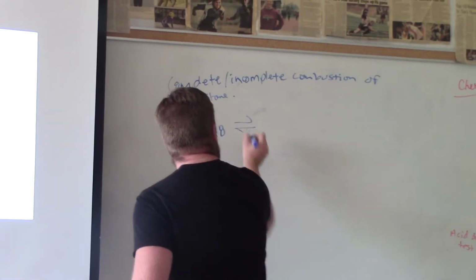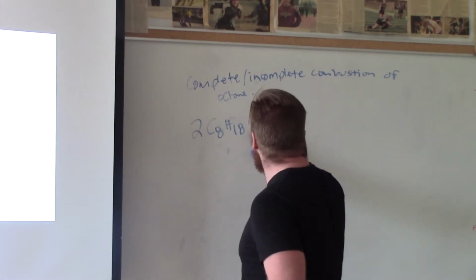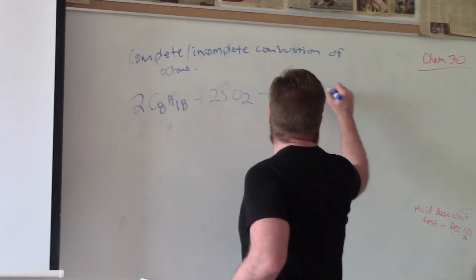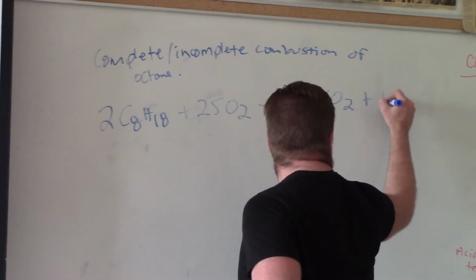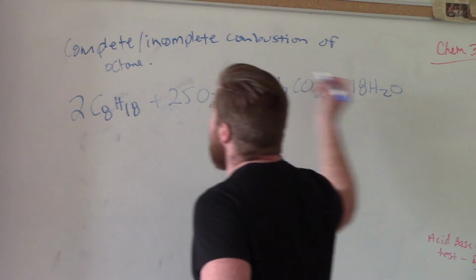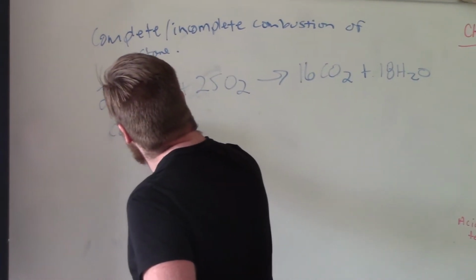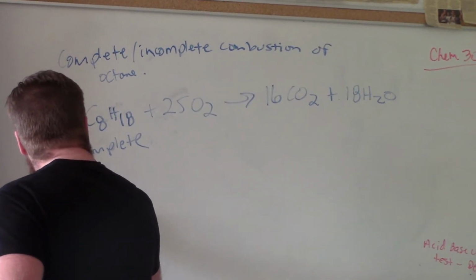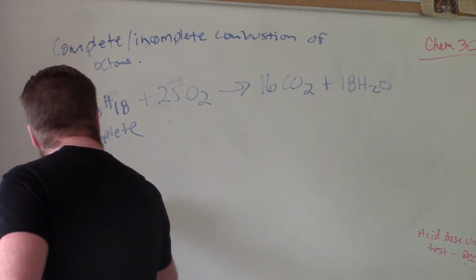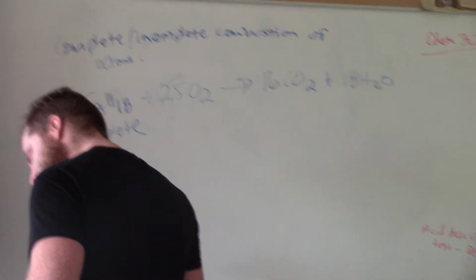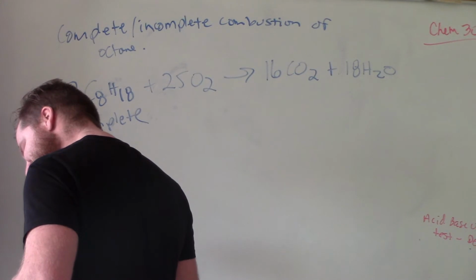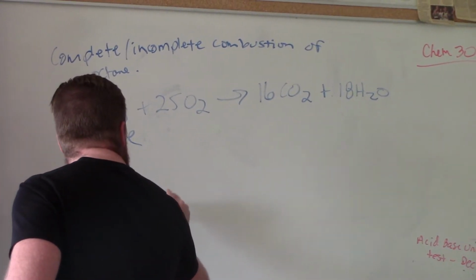So we have 2C8H18 plus 25O2, and that makes 16CO2 plus 18H2O. That's complete combustion. And then here you have 2C8H18 plus 17O2.